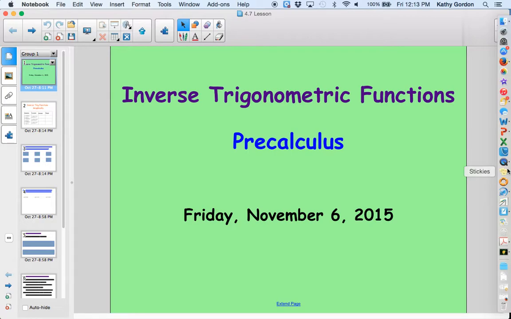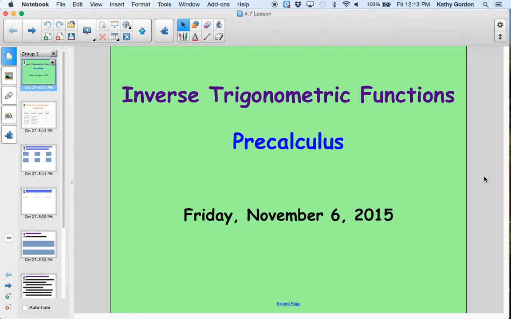Okay, so today we are going to talk about inverse trigonometric functions. As we've seen with any kind of function really, anything we've done up to this point, chapters 1 through 4, pretty much any time we have a function, we have to think about the inverse function.